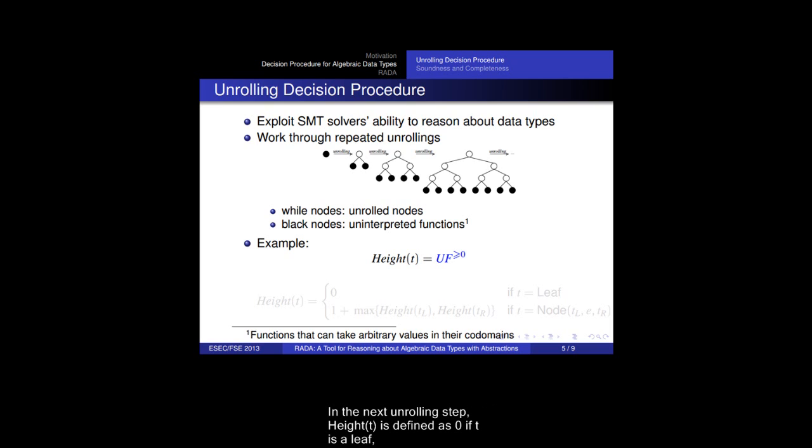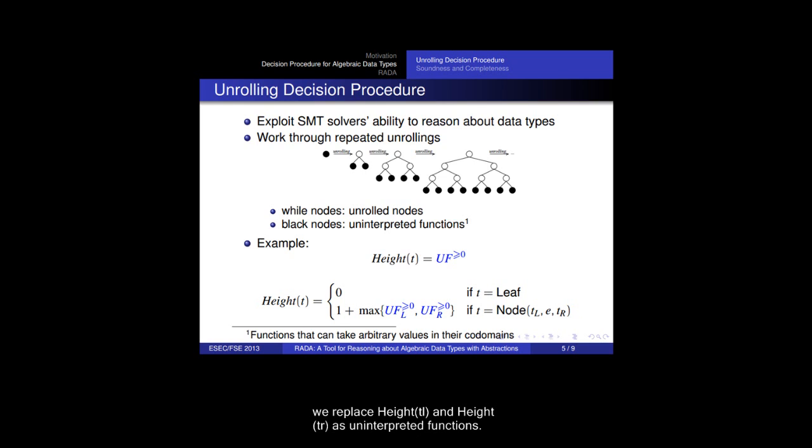In the next unrolling step, height of t is defined as 0 if t is a leaf, or 1 plus the maximum value of height of the left subtree of t and height of the right subtree of t otherwise. Because we need to treat catamorphism calls otherwise as calls to uninterpreted functions, we replace height of t.left and height of t.right with uninterpreted functions. We will continue to use the height example in the next slide.